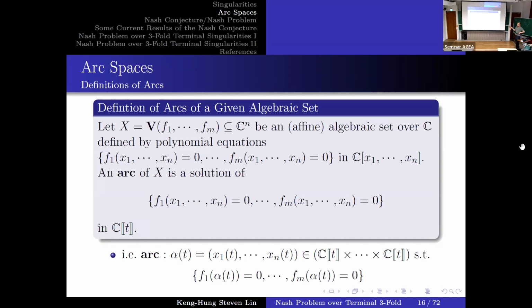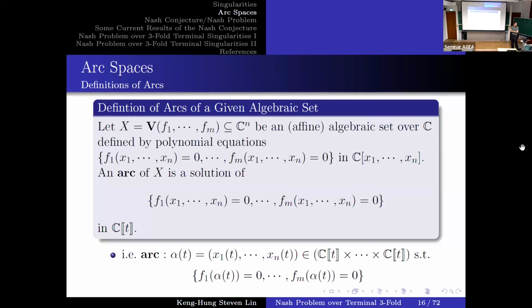So intuitively, let's talk about what an arc of a variety is. Let X be an affine variety defined by m equations, f1 equals 0 to fm equals 0. So what is an arc of X? It is a formal power series solution of such equations.